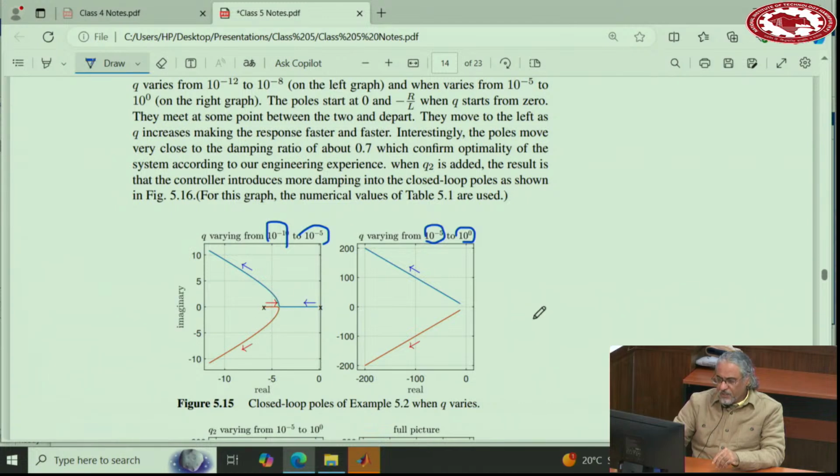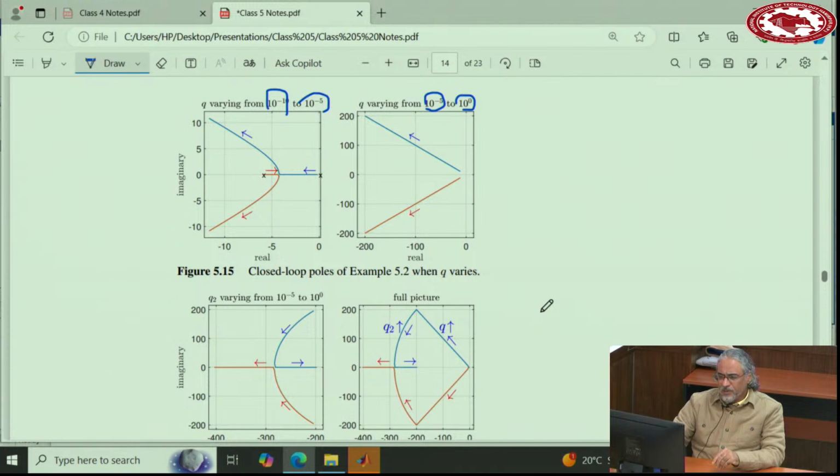Now, if you say, I want to add Q2 and see what happens, you increase Q, and then at this point, you stop increasing Q and start increasing Q2. Then you will realize the poles move further down. In other words, it will be even more damping.